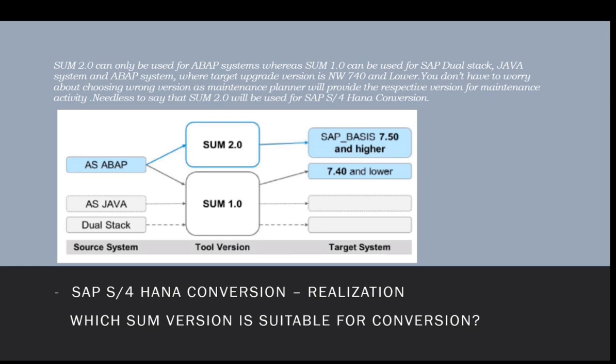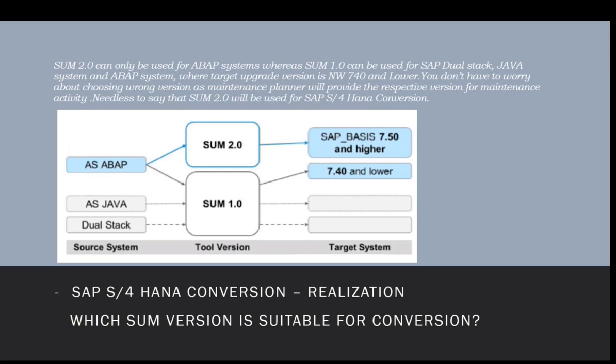And if you want to convert your system, which is already running on HANA database, to S/4HANA, then you just choose the SUM tool. SUM is an abbreviation of System Update Manager. So if your system is already running on HANA database, you will use the SUM option.